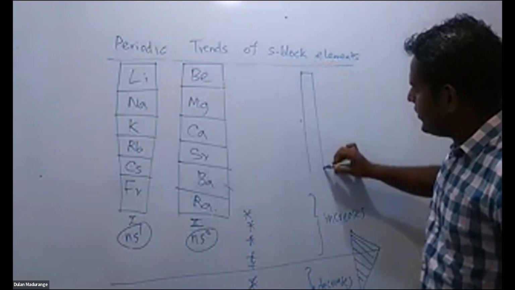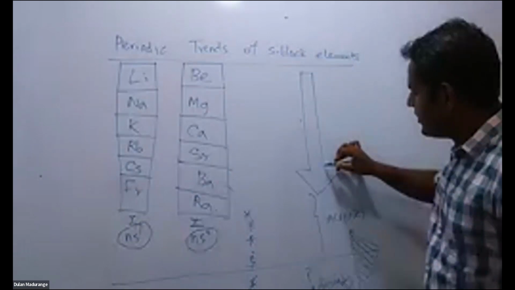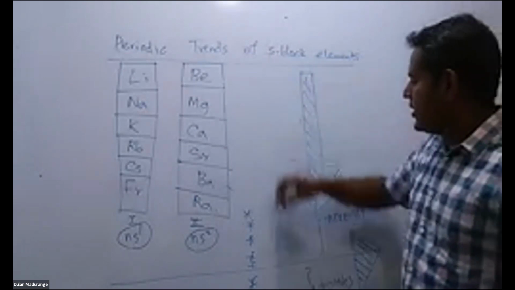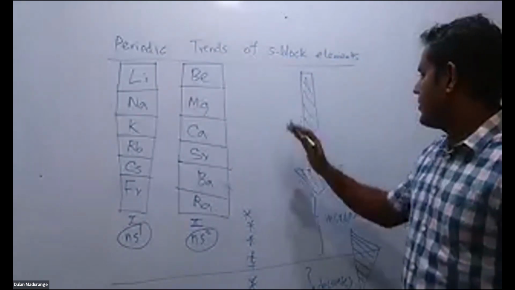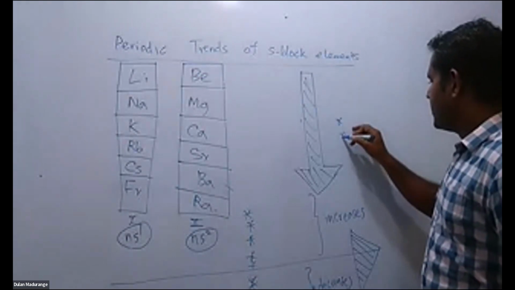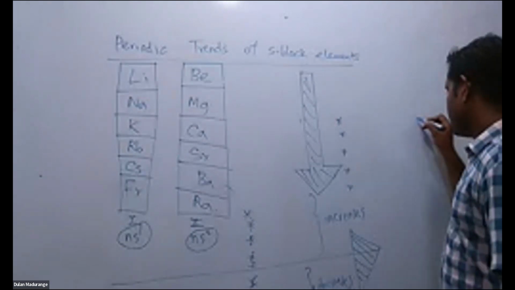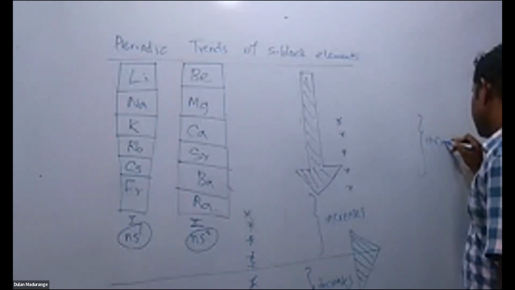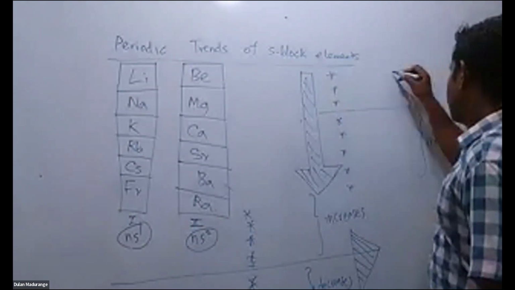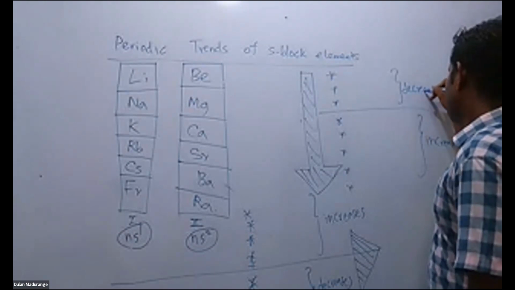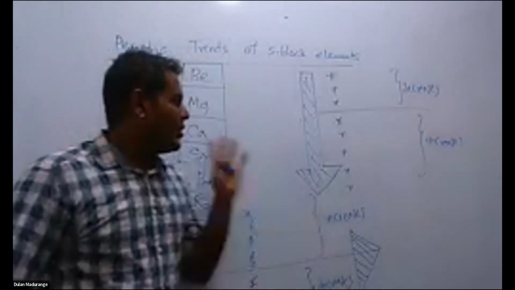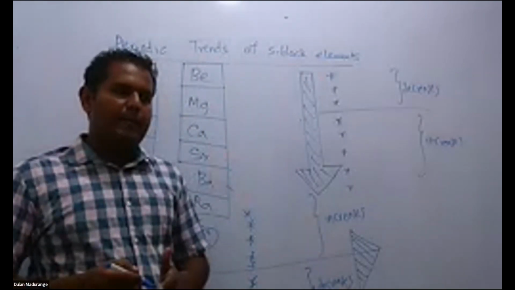In the first lesson also we have written something like this. Downwards in the group, what are the properties that will increase? We can use some arrows and mention these properties increase, and these are the properties that decrease. You can score a lot here, a good score related to inorganic.